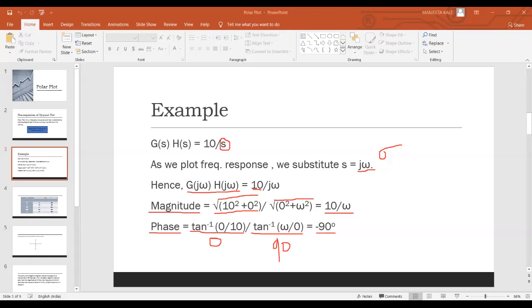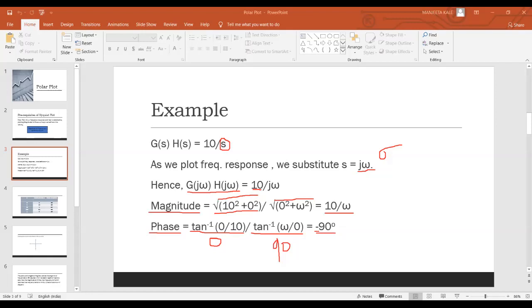This minus sign corresponds to the factor which is in the denominator, right? We studied this in the Bode plot as well. Please go back and revisit this part, where factors in the denominator are considered with the negative sign. So for this problem, we have magnitude 10 by omega and phase minus 90 degrees.